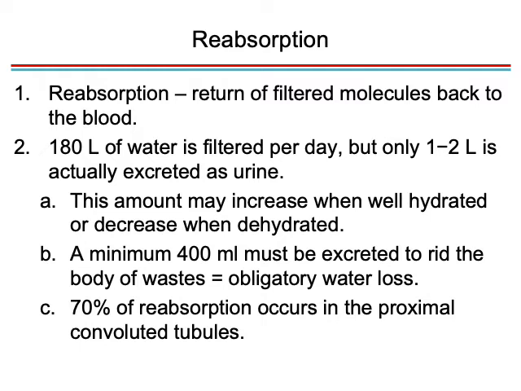So 180 to 200 liters of water is filtered per day, but you only excrete 1 to 2 liters per day. So 99% of all the material that was filtered in Bowman's capsule is returned to the blood.